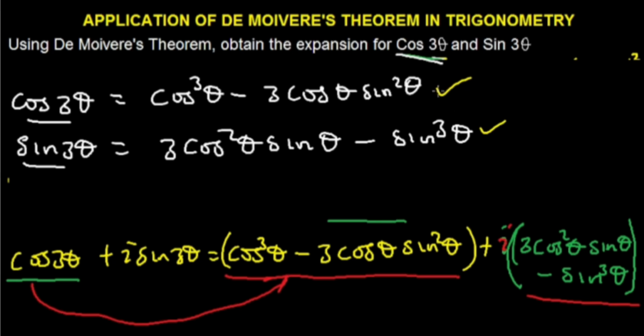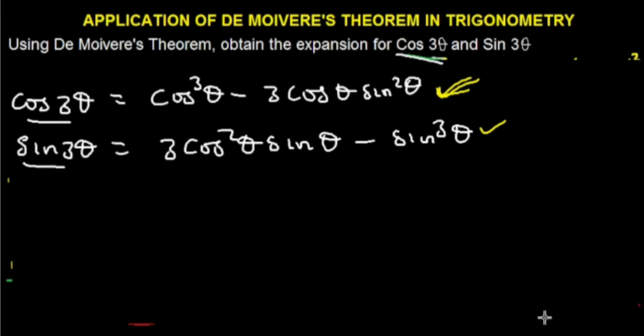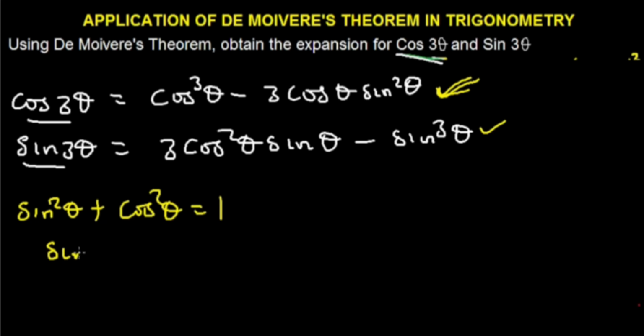So let's make this totally in terms of cos, the first one, since we are dealing with cos 3 theta. So we know from trigonometry that sine square theta plus cos square theta is equal to 1, which means that sine square theta is equal to 1 minus cos square theta.